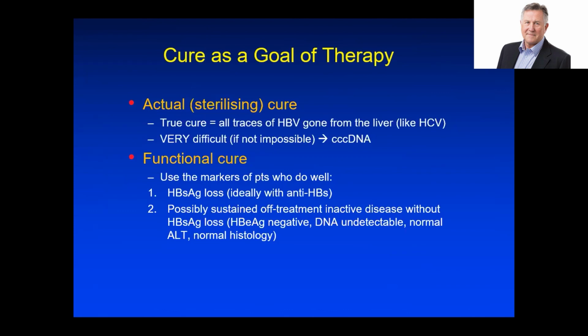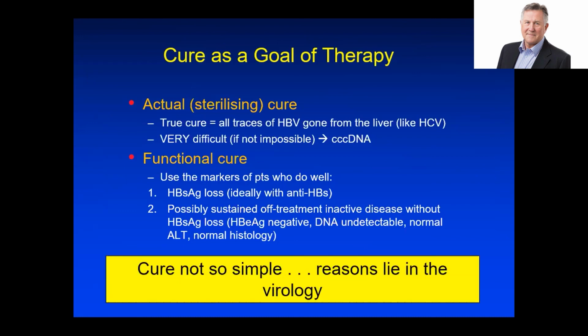And what you may be able to do is actually stop therapy in those patients, unless they're cirrhotic, obviously. Next slide, please. So the bottom line is that cure is not so simple, and the reasons lie in the virology. Next slide, please, Elaine.